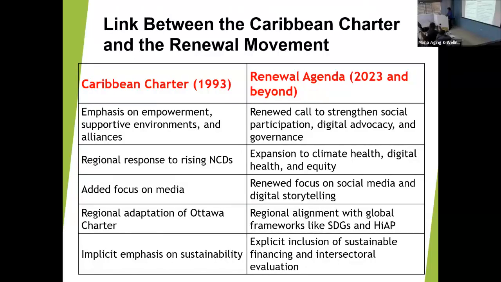In the regional adaptation of the Ottawa Charter, there needs to be alignment with global frameworks like the SDGs, and also an explicit emphasis on sustainability. We can't underscore that enough. And so the explicit inclusion of sustainable financing and intersectoral evaluation is all a part of what we need.